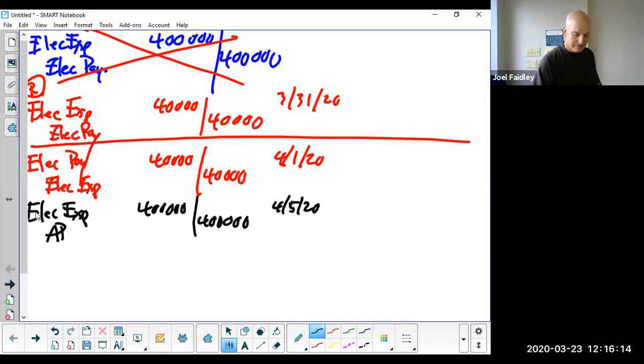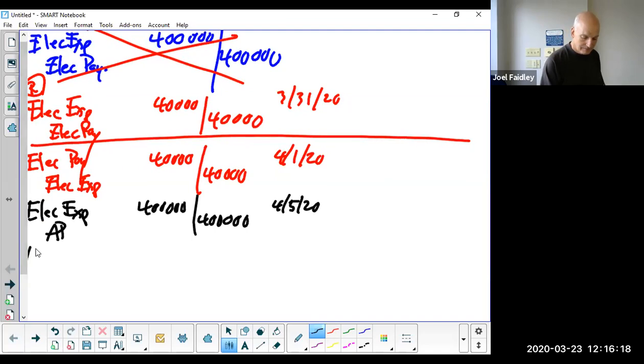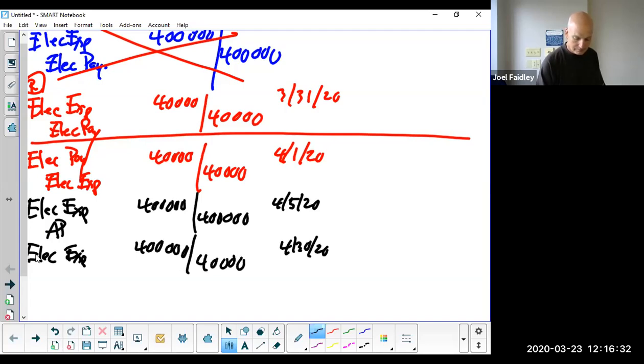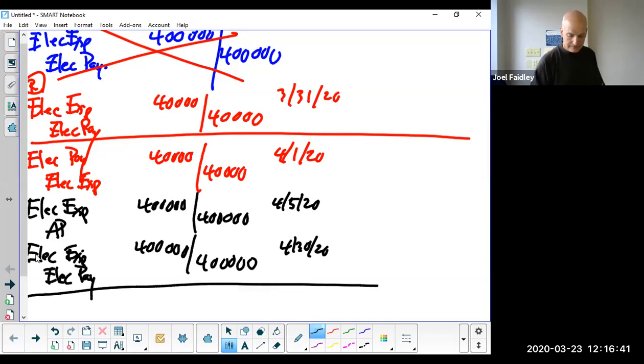All right, we get to the end of the month, and we do another accrual: electric expense on 4/30 for 400,000. Again, I'm trying to make this as straightforward as possible. Electric payable or electric accrual, and that's the end of the month.